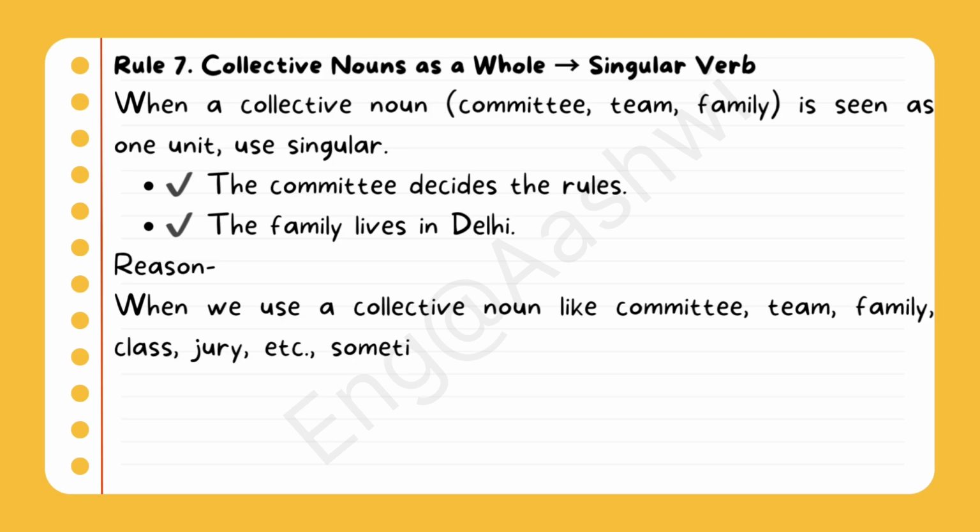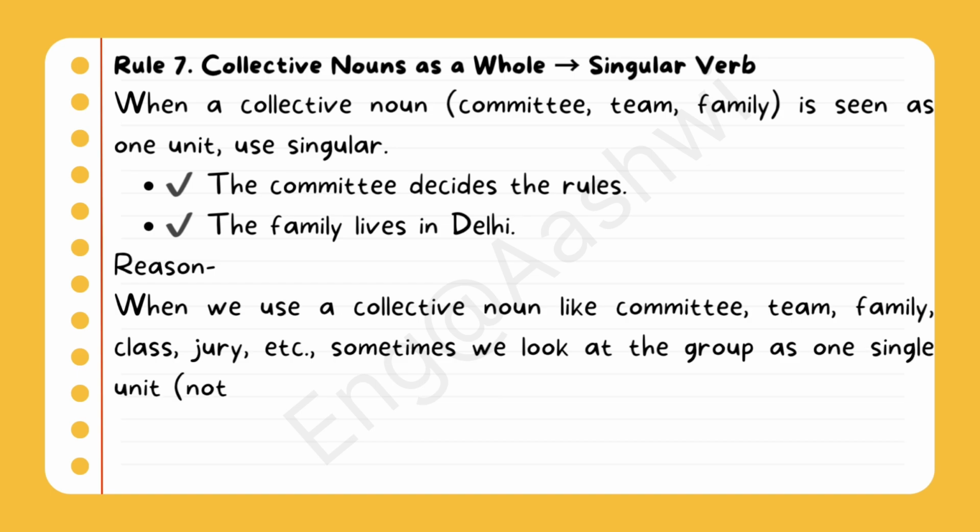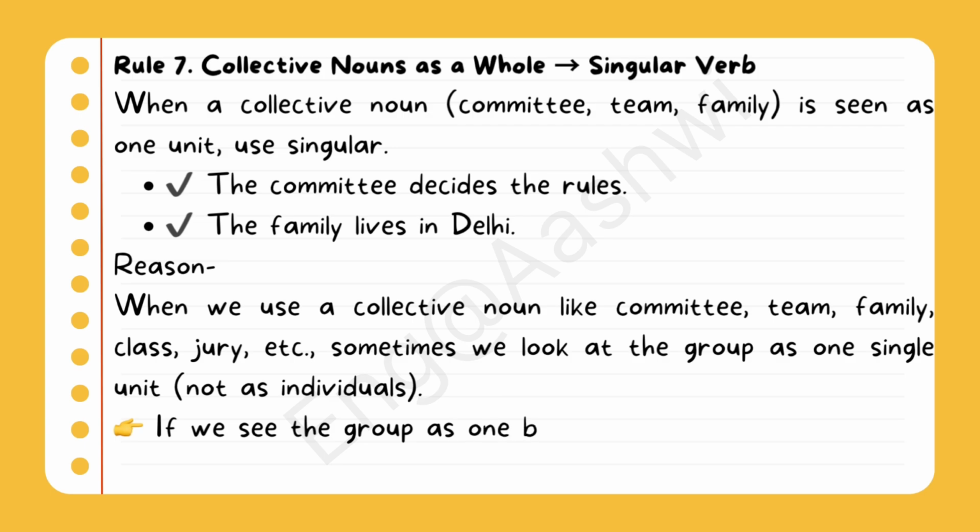Reason: when we use a collective noun like committee, team, family, class, jury, etc., sometimes we look at the group as one singular unit, not as individuals. Even if we see the group as one body acting together, we always use a singular verb with it.